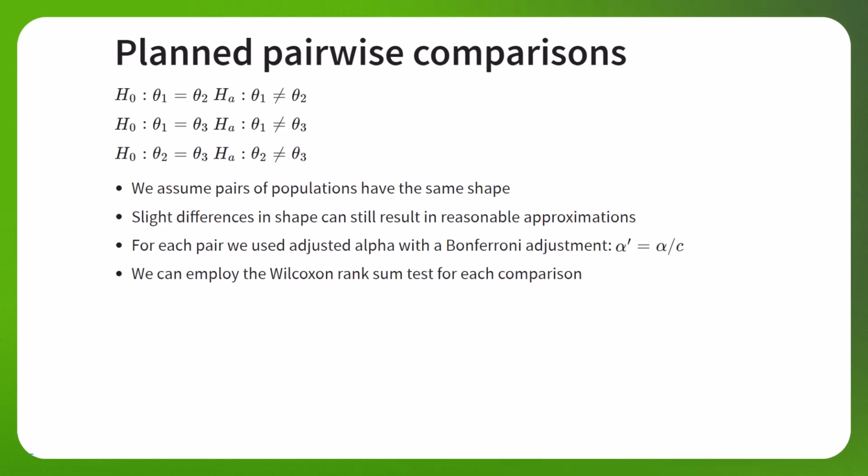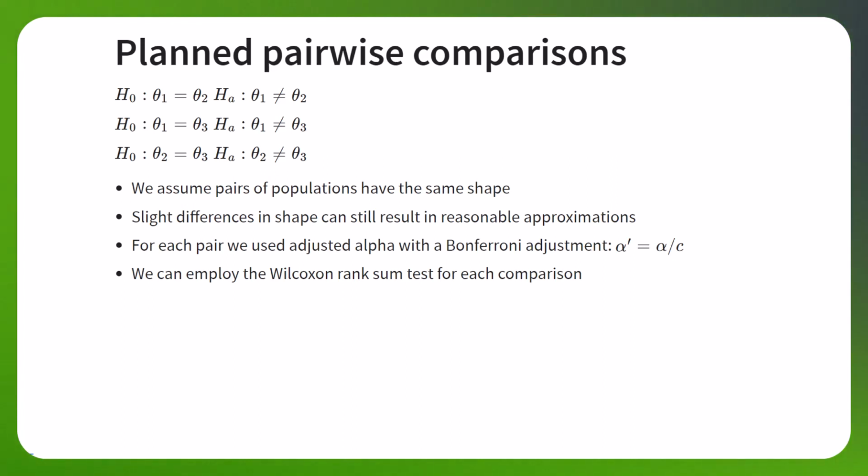If we want to do planned pairwise comparisons, pairwise meaning checking individual pairs one at a time, we would have these hypotheses. Is the median of the first group equal to the median of the second group? Remember, by group here, I'm talking about the population, not the sample. We don't need to conduct hypothesis tests about the samples because we can obtain those sample medians.